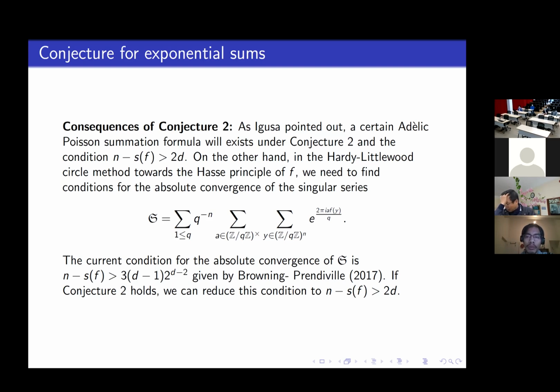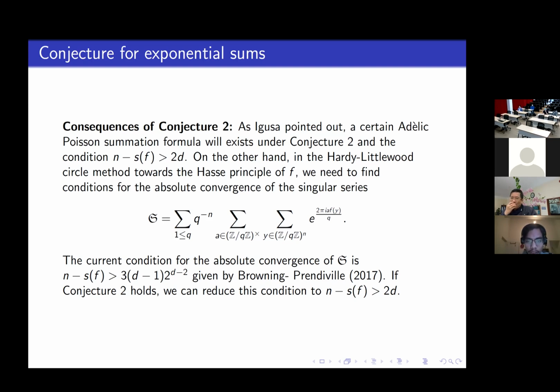With some extra condition that n minus n_F is at least 2D. On the other hand, in the Hardy-Littlewood circle method, towards the Hasse principle for F, we need to find a condition for the absolute convergence of the singular series.